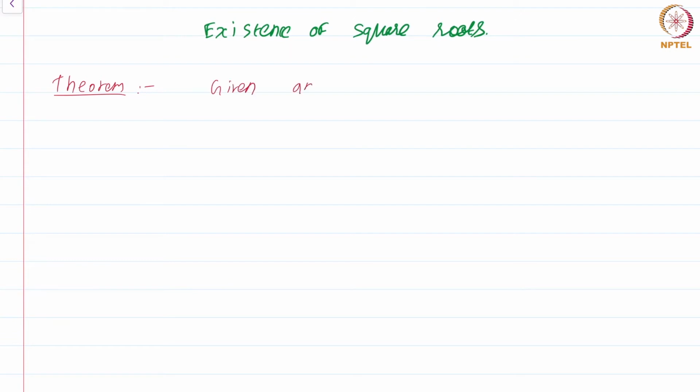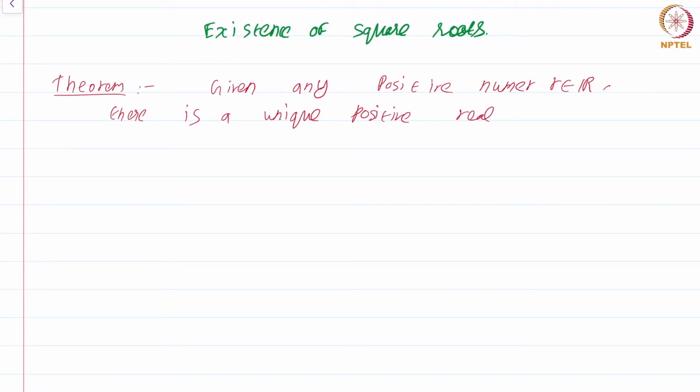Given any positive number R in the real numbers, there is a unique positive real number A such that A squared is equal to R. So, positive square root of a positive number always exists in the real numbers.